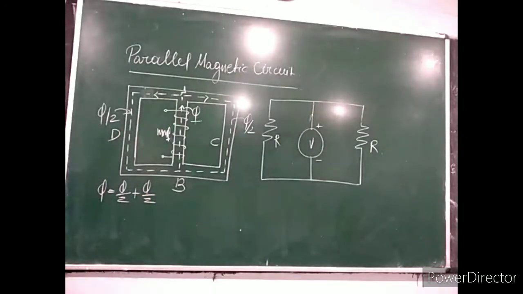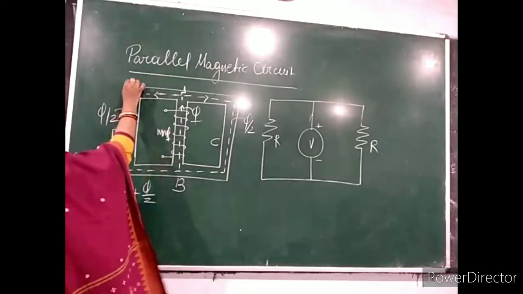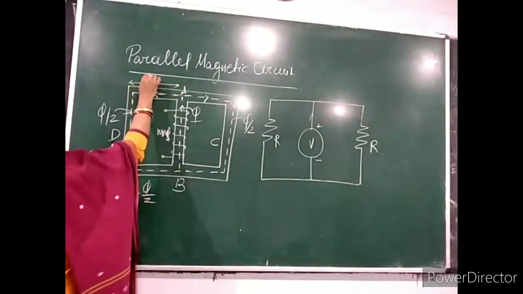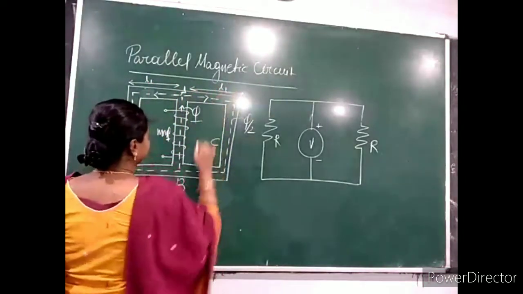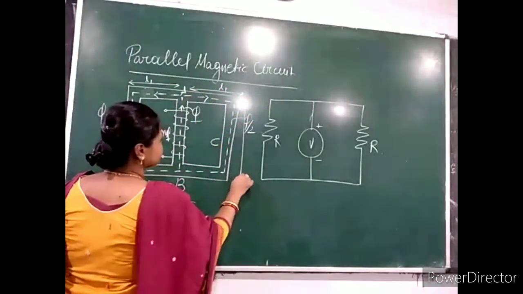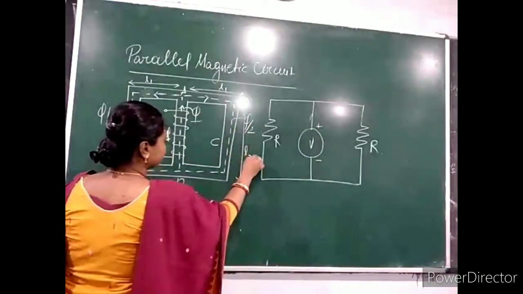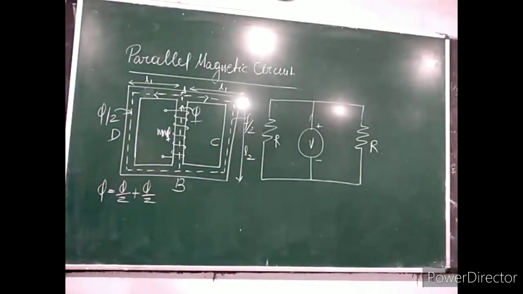Then suppose this length is L1, this length is also L1, and this length is L2. So what is the total length of each parallel path?